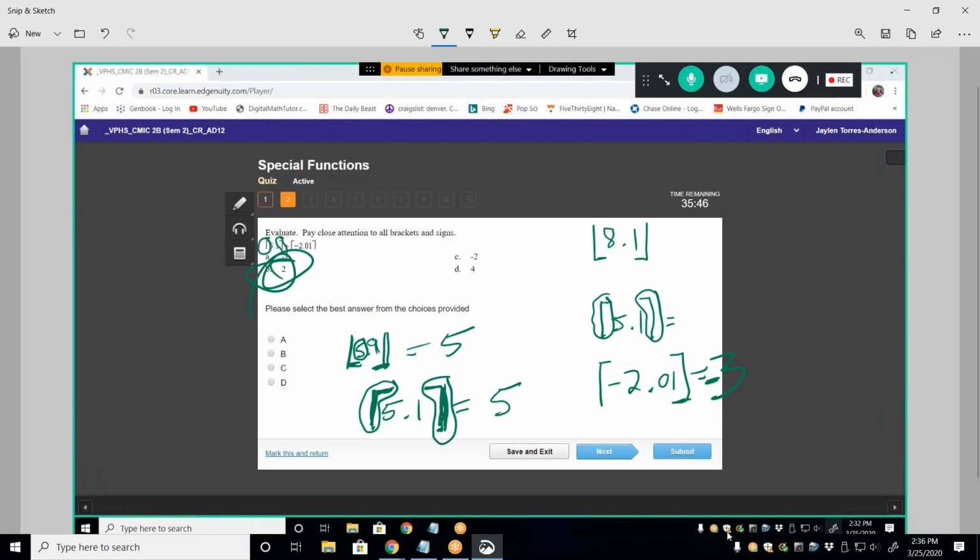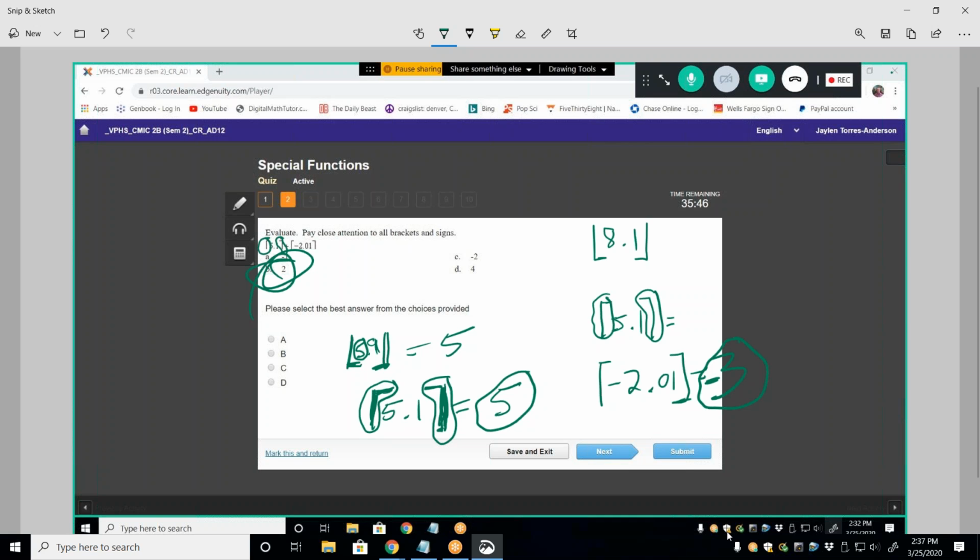correct answer, which means that this is the least integer function. 5 would still be the least integer. But over here with negative 2.01, negative 3 would be the least integer. Not negative 2, negative 3.